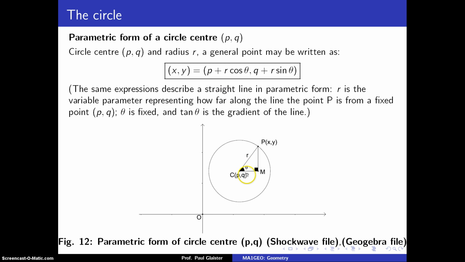In other words, x is going to be the distance p plus r cos theta, and similarly y is q plus r sin theta. If p and q are both 0, the centre is at the origin and we get what we had before. So that's the parametric equation of a circle, centre PQ, radius r, where theta is the parameter.